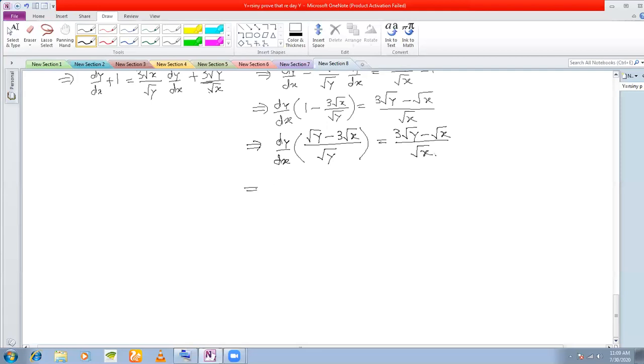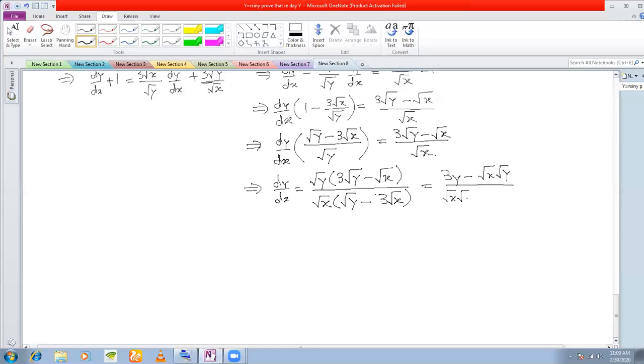So now what do I get? dy/dx is equal to root y into (3 root y minus root x) divided by root x into (root y minus 3 root x). Now if you multiply everything, you get (3y minus root x into root y) divided by root x into root y minus 3x.